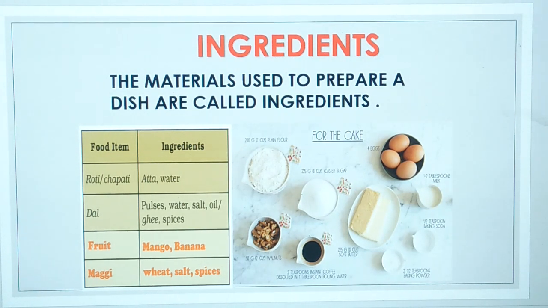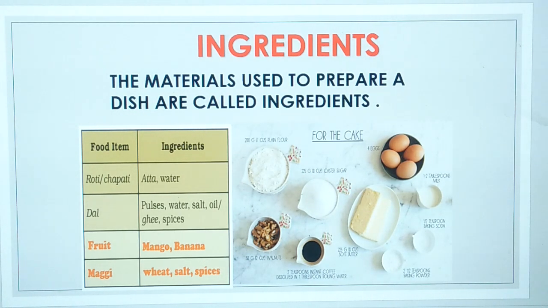Like, for example, when your mother makes roti, in order to make roti she needs flour or atta, but that has to be kneaded. In order to knead the flour into dough, she uses water. So the ingredients or the food items that are used to make roti are atta and water.